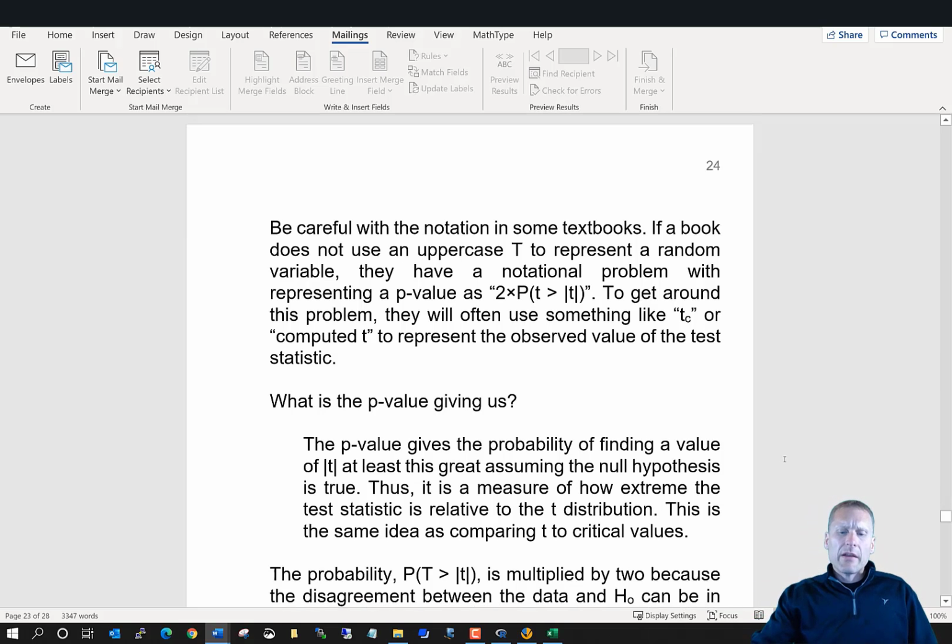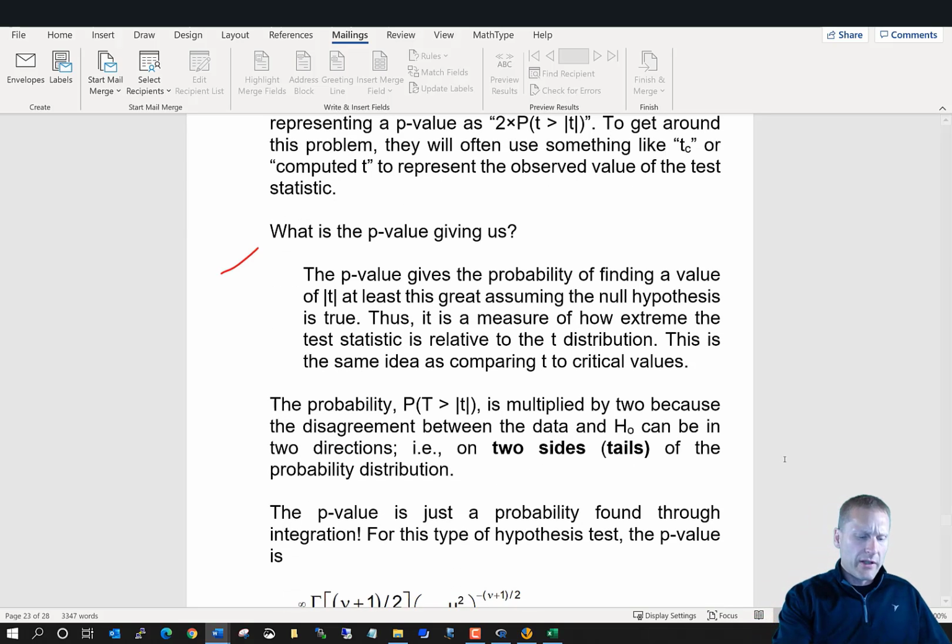Okay. So what is then the p-value giving us? This is on page 24. Well, the p-value is giving us the probability of finding a value of the observed test statistic at least this great or at least this extreme, assuming the null hypothesis is true. This is the exact same idea as comparing these t computed values to critical values.